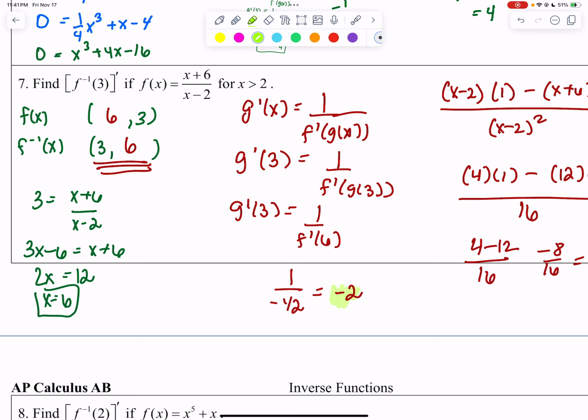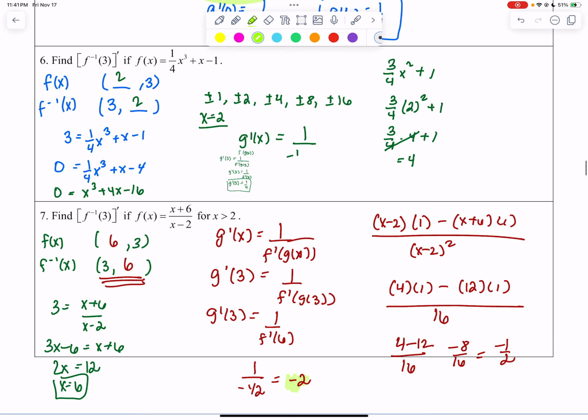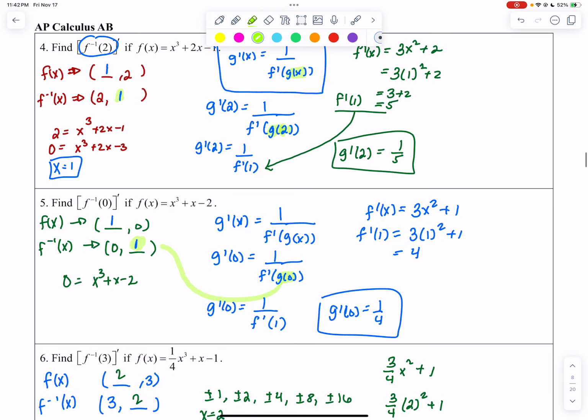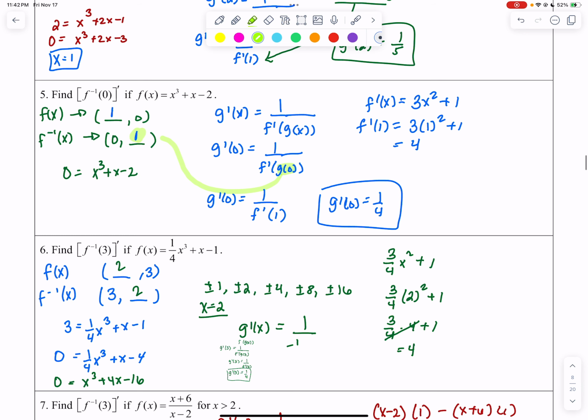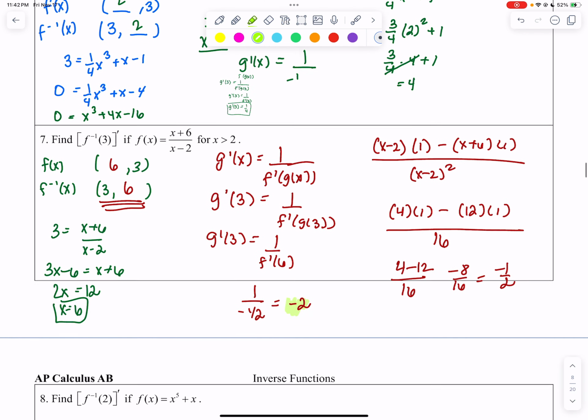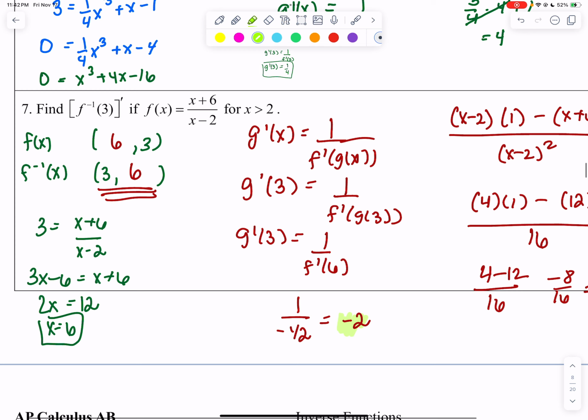Now, once again, if you want to, you can interchange x and y and then solve for y for some of these. Now, something like number 4, 5, and 6, you probably can't because you can't complete the square or anything. For number 7, you probably still can't either. Is it possible? Maybe. Whenever you switch x and y.